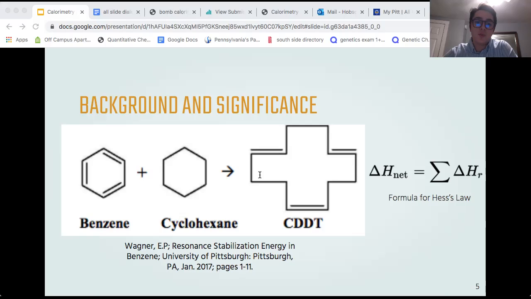This method assumes that benzene doesn't have any resonance structures, which we know it does. Resonance occurs when electrons in a molecule are delocalized, or flowing freely inside the molecule, allowing for multiple structures to be possible. We're going to use Hess's law, as seen on the right, to work around this hindrance.